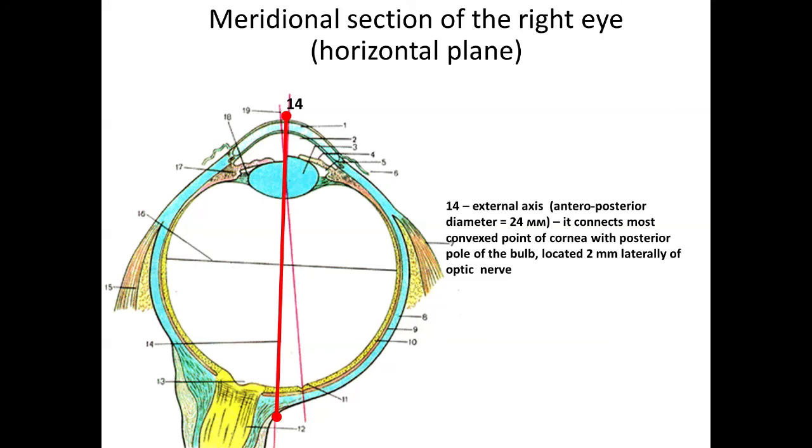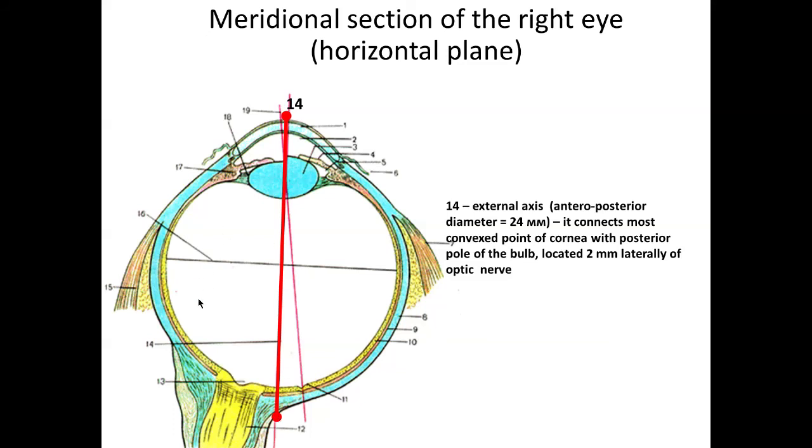So here it is, the optic nerve. Here it is, number 13. Number 12. 13 is discus nervi optici. And this red line is located laterally to the nervus opticus.